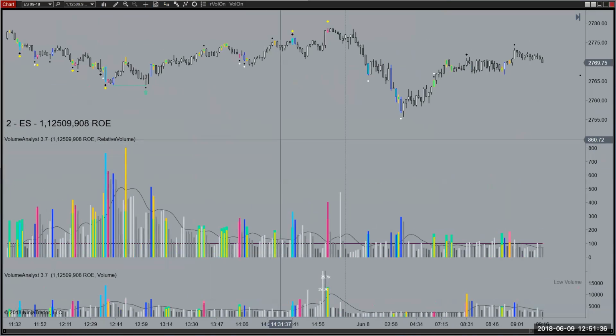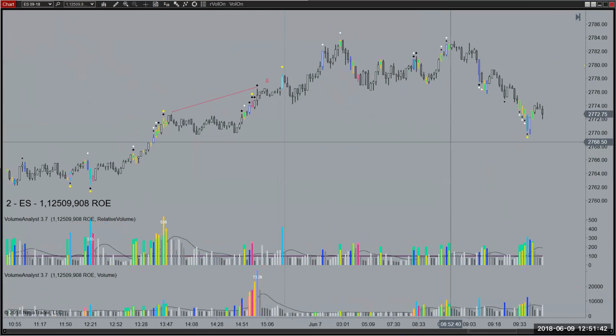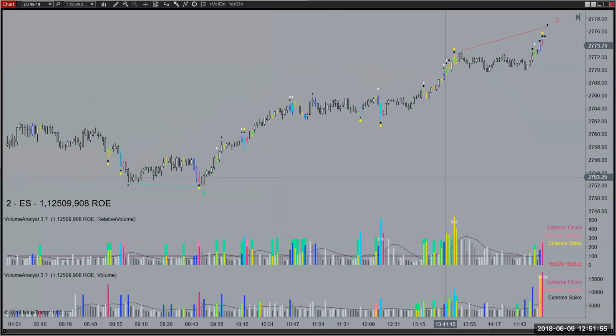So I'm not going to try to go back and give you any examples of what I just described, but you can go back and look at a lot of the major turning points. I want to say we had one Memorial Day where they put in a couple of significant lows on lower volume, but really high relative volume.